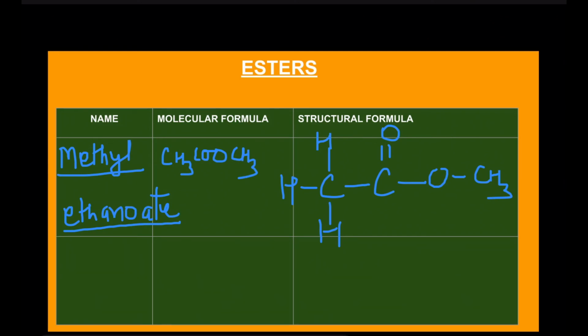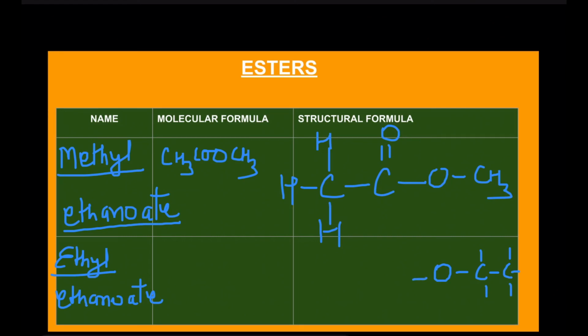Let's see another ester, ethyl ethanoate. Ethyl, that is the prefix, is telling us that part which is bonded to oxygen. So on this part, ethyl is bonded, that means 2 carbons should be there, and on that there is hydrogen also.